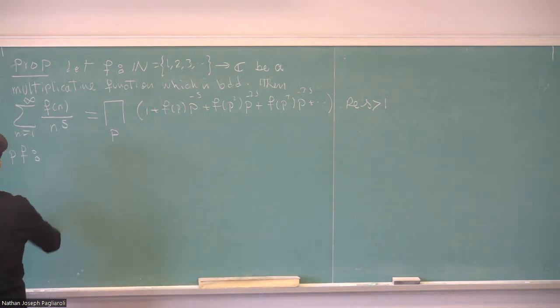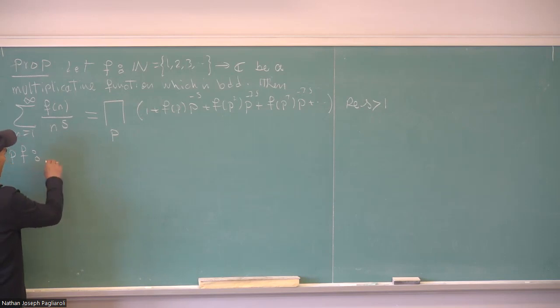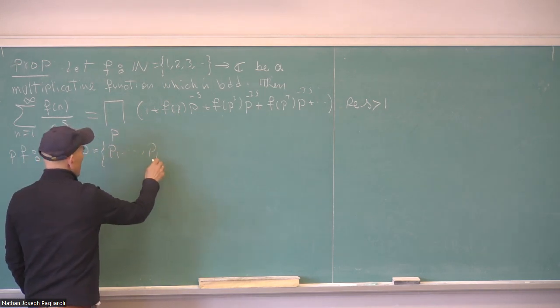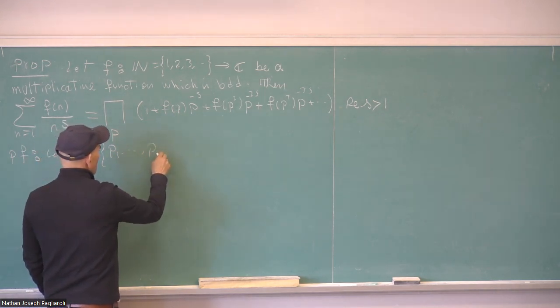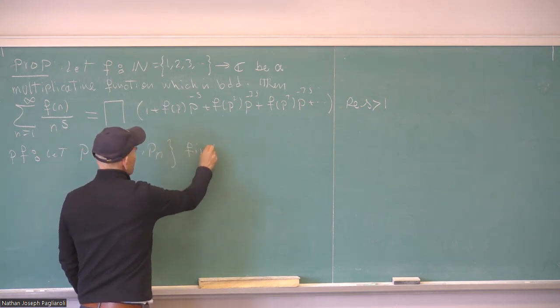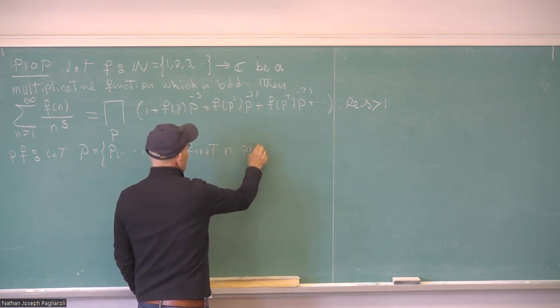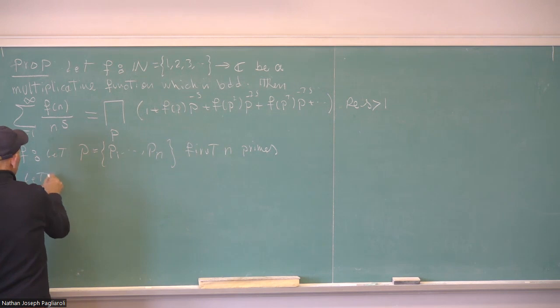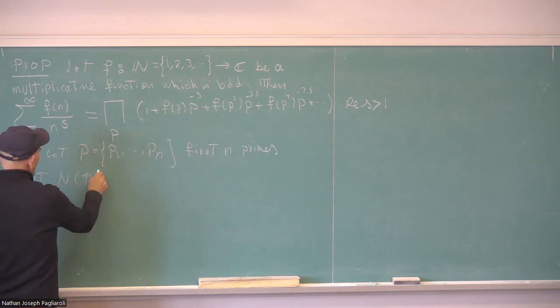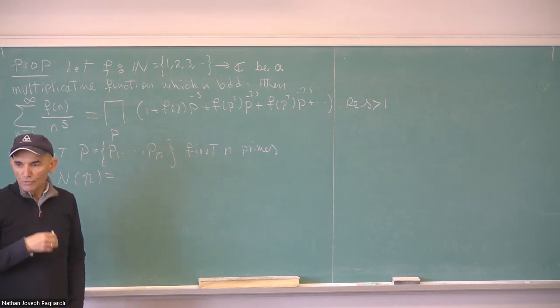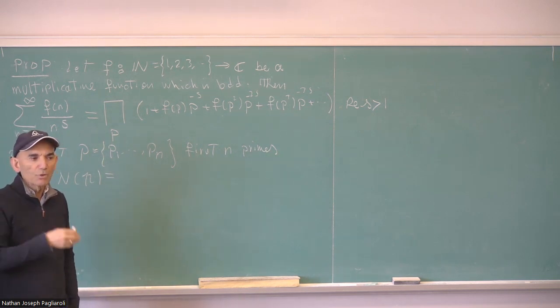Good. So how does it go? Let E be the set of the first n primes, and let N(E) be the set of all integers that you can construct using only these primes.